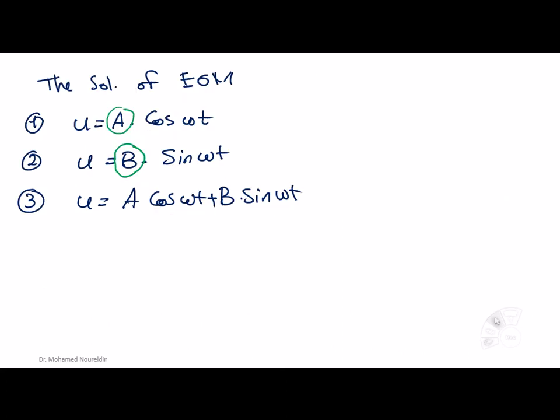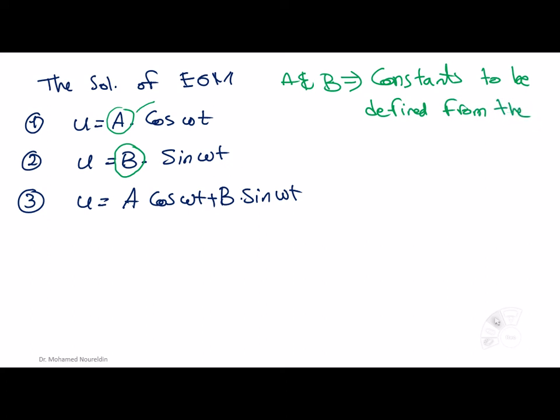So this means that we are going to disturb the system with initial velocity and initial displacement, and we are going to obtain A and B. So A and B are constants, and they can be defined from the initial conditions.